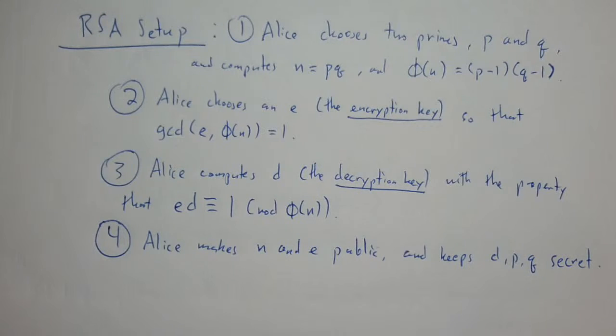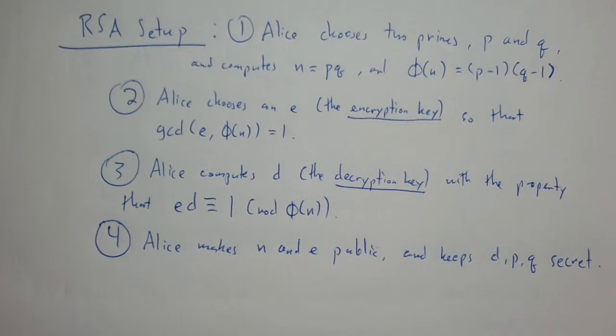Okay, and so this entire process that I'm going to describe after this setup really relies on N being hard to factor. If you could determine P and Q, everything here falls apart. This entire process becomes trivial to break.